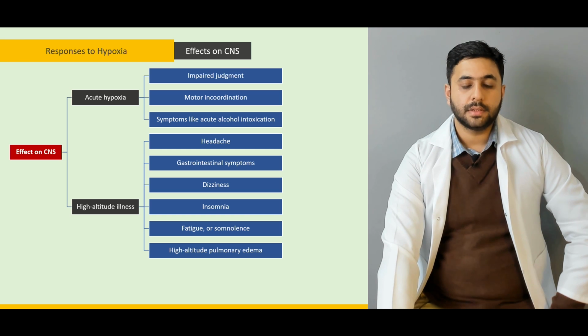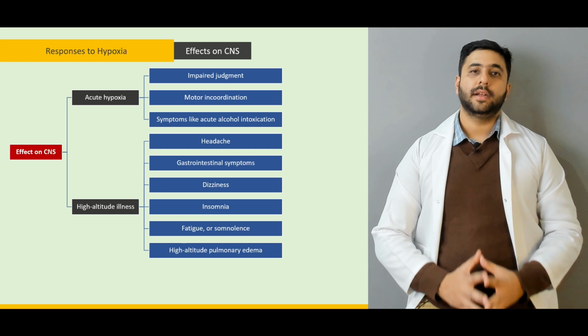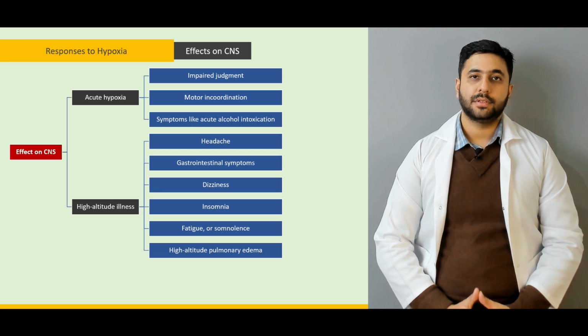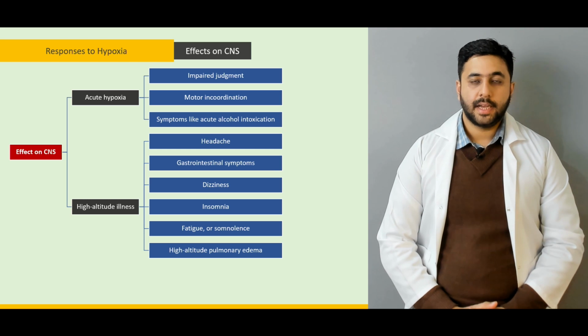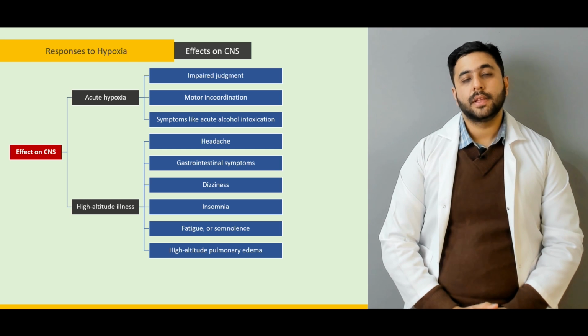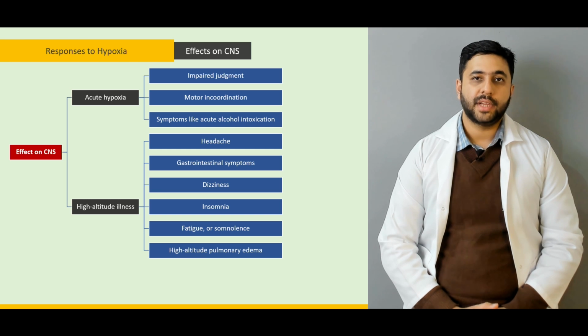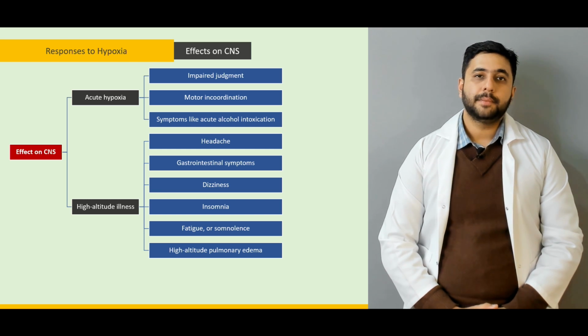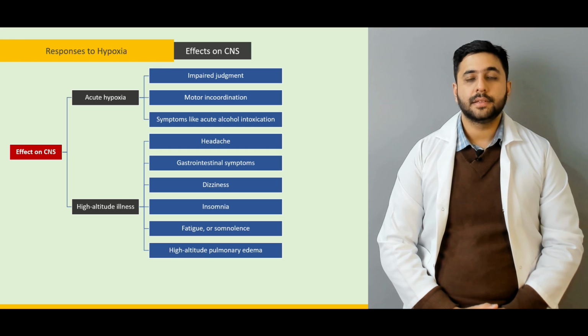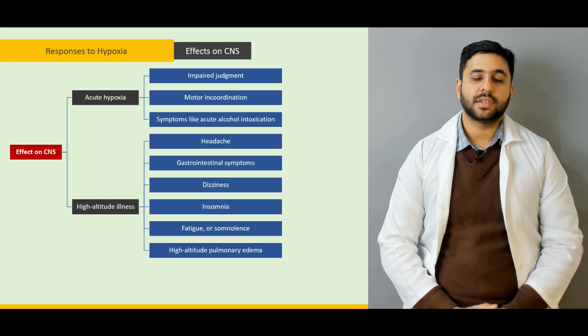This happens because the pulmonary system is somewhat different in its response to hypoxia. Generally, whenever there is hypoxia anywhere in the body, there is vasodilation and increased blood supply to compensate for that hypoxia. But in the pulmonary system, the segment of the lungs which is hypoxic responds by hypoxic vasoconstriction.